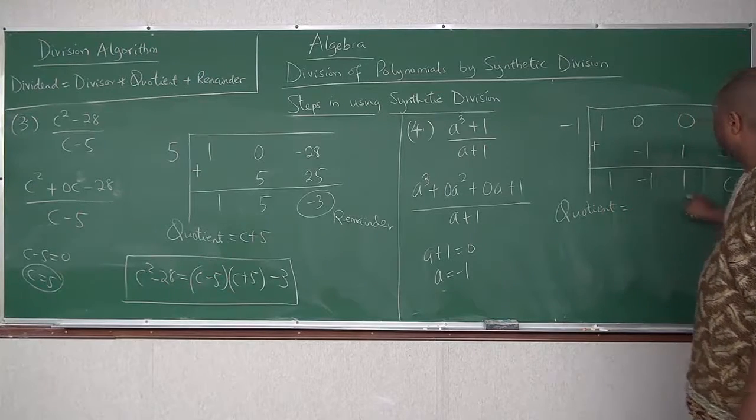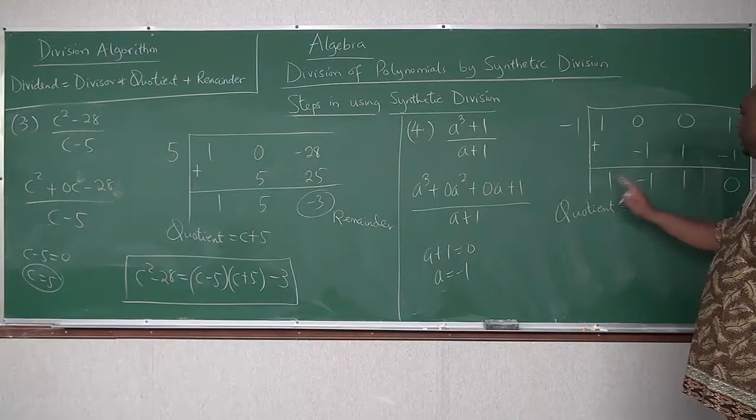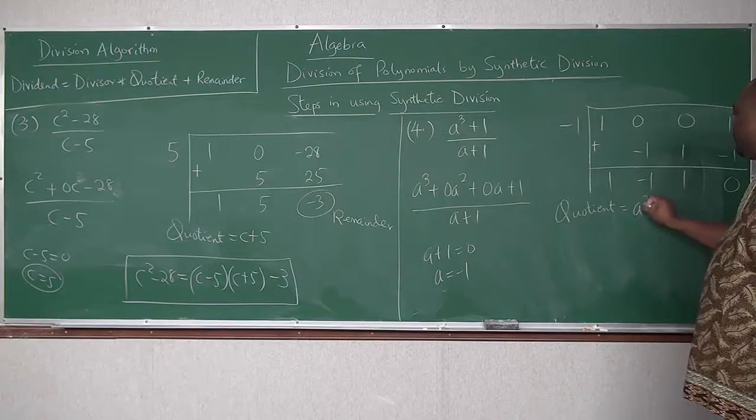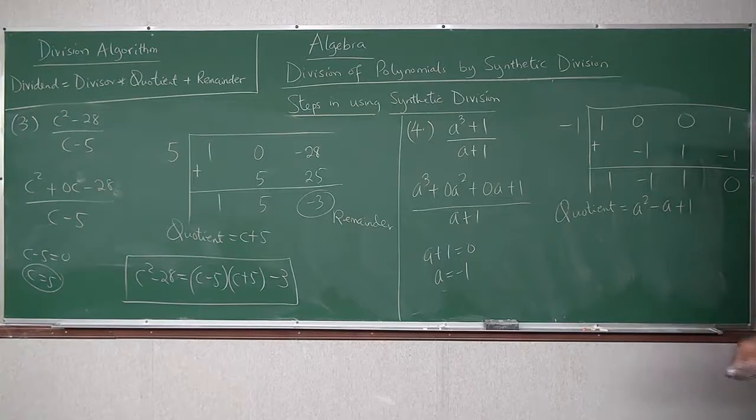So our quotient is a squared minus a plus 1. Because this is minus 1a, we don't need to put minus 1a, but if you want to, that's fine.